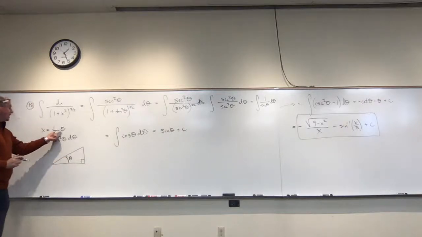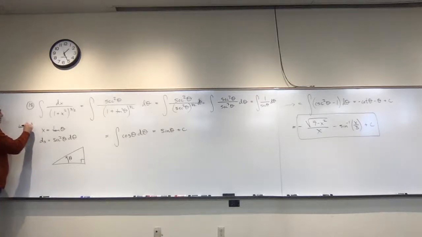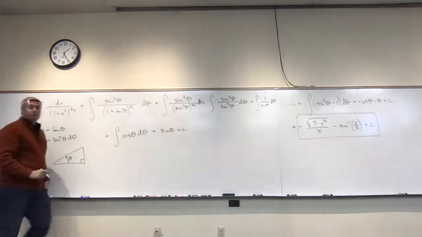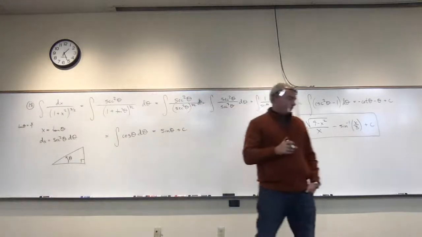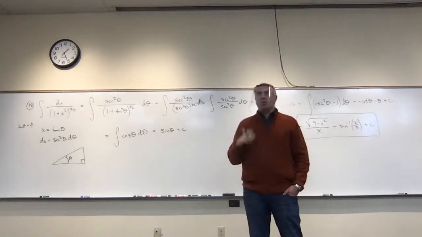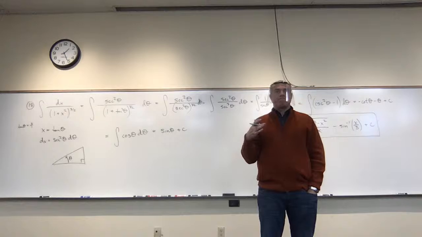And I've got tangent of theta. If you like, I'll write it again right over here. Tangent of theta is x divided by 1. Now tangent, remember our little opposite, adjacent, hypotenuse. What's tangent? Opposite over adjacent. That's right.